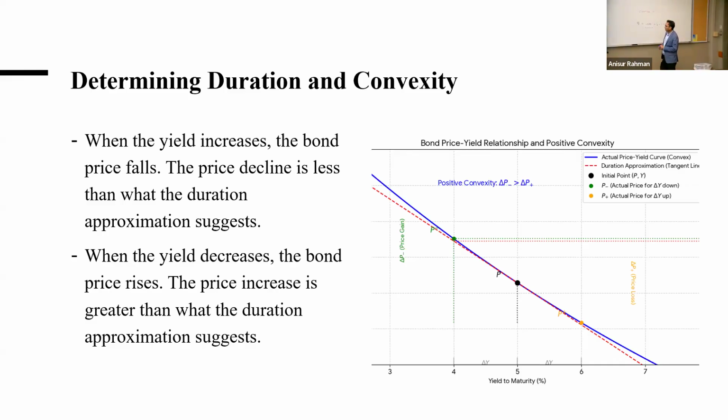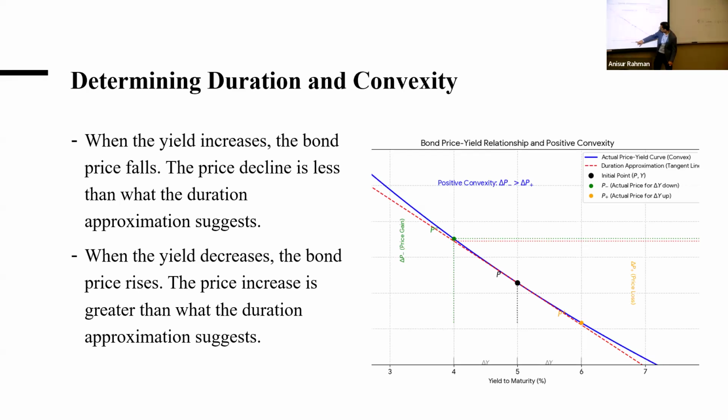Now see what happens if you do not account for convexity. Now this is your original price, P, right? At this level of yield. Now, if yield decreases, price increases, isn't that right?